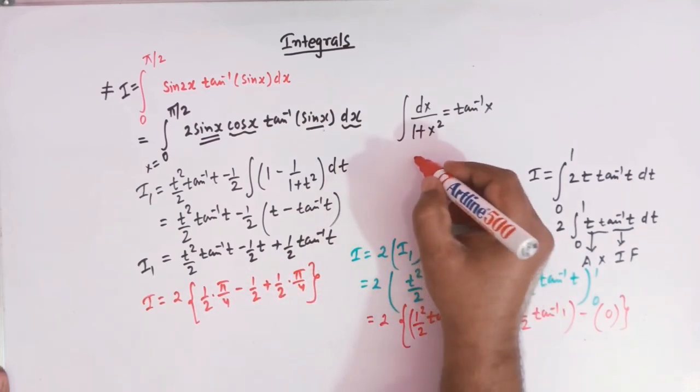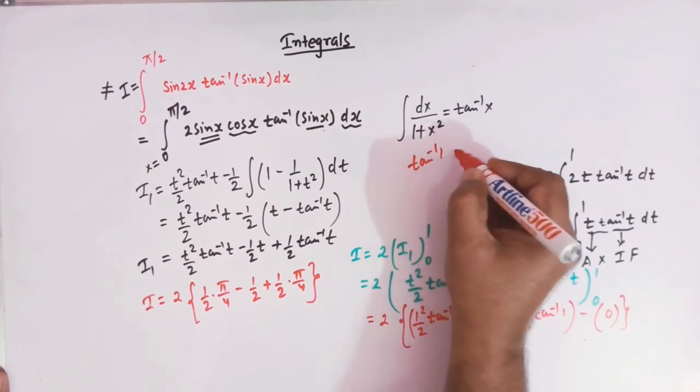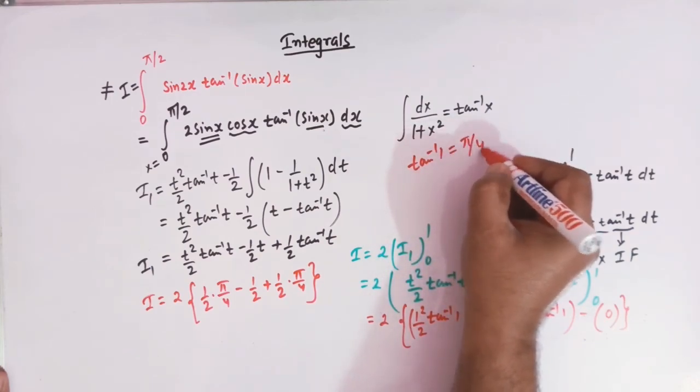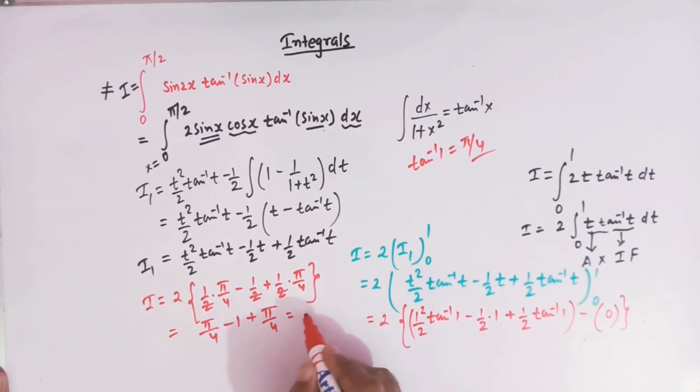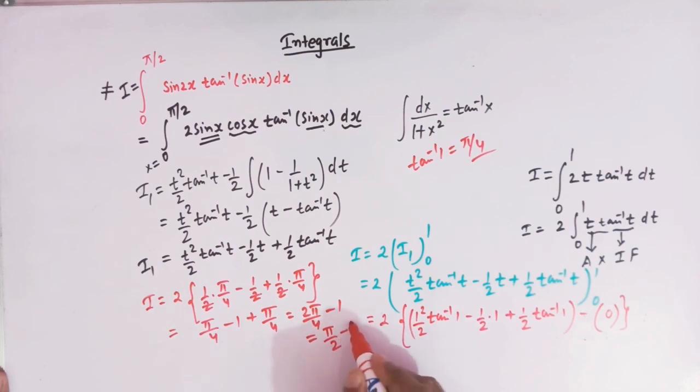Now if we multiply these terms by 2, the 2s get cancelled, so we are left with pi by 4 minus 1 plus pi by 4. So this is 2 pi by 4 minus 1, and that is pi by 2 minus 1.